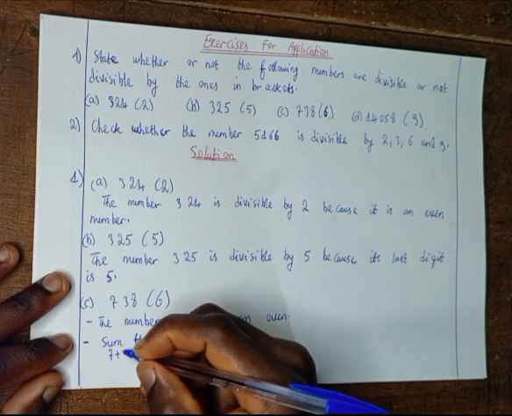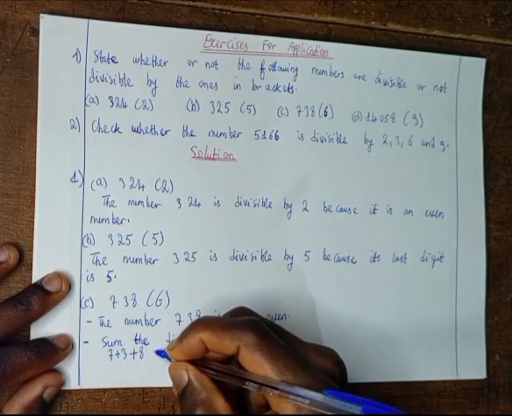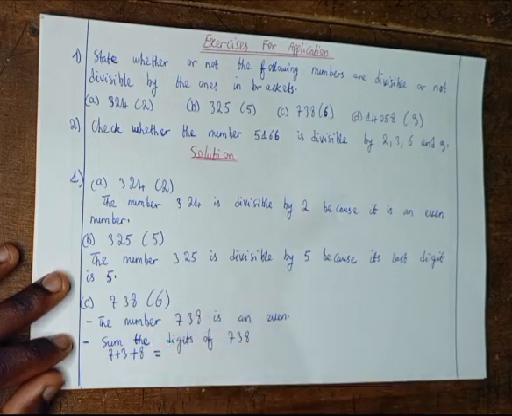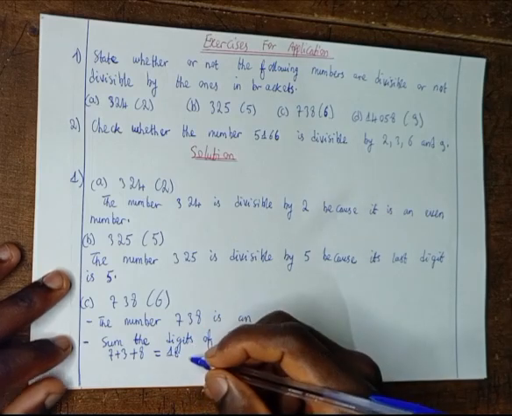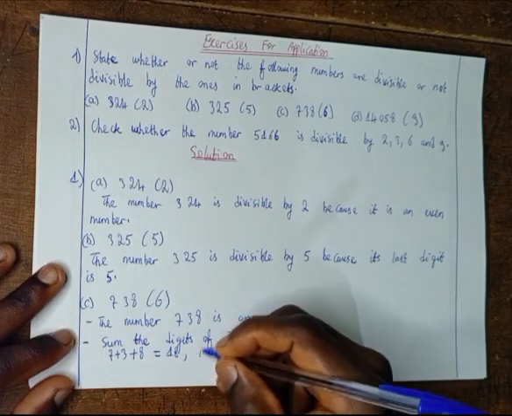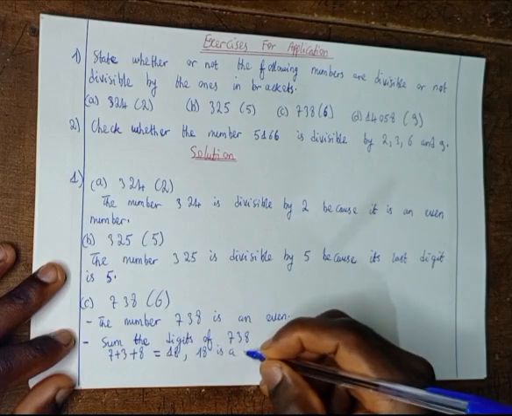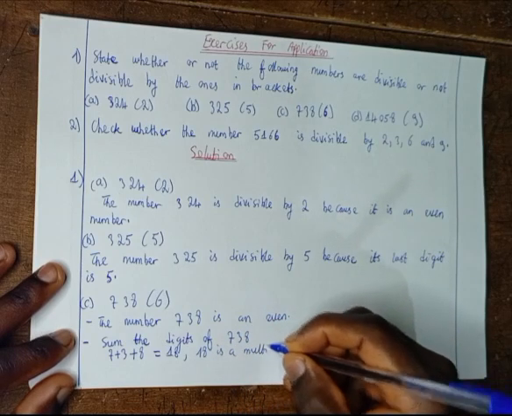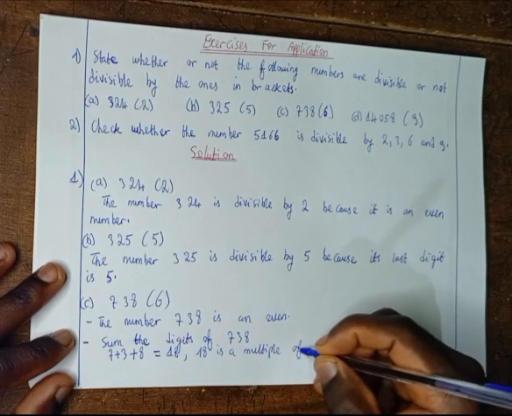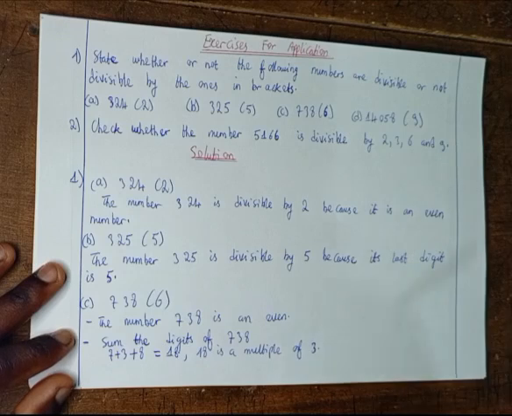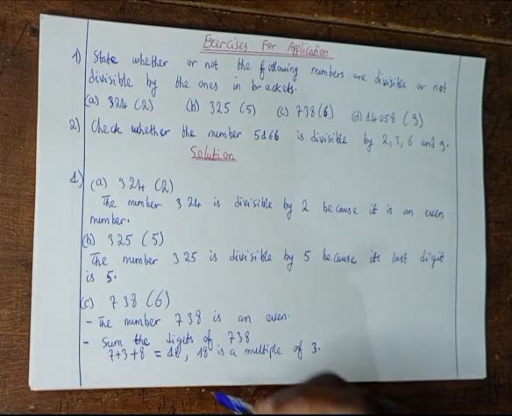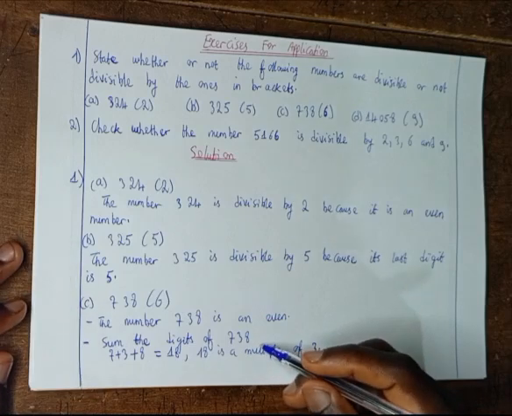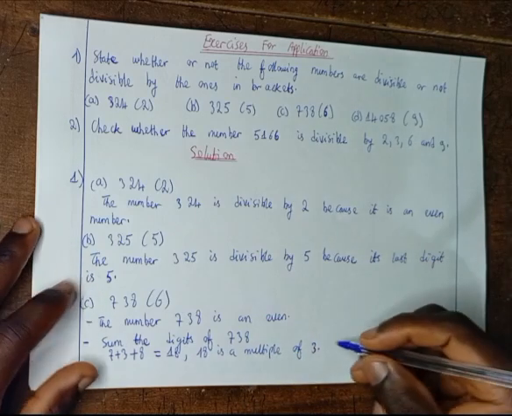This will give us 7 plus 3 plus 8, which gives us 18. And 18 is a multiple of 3. Therefore, the number 738 is divisible by 3.